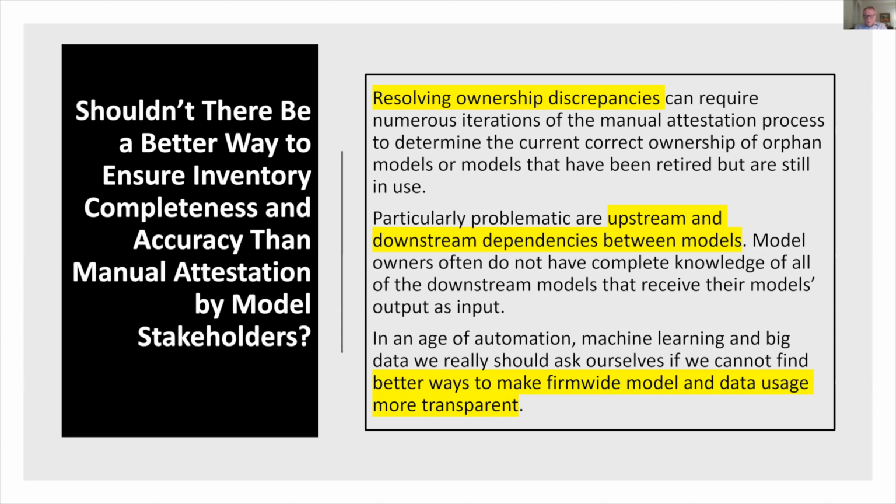The reason they would stop there is because they didn't own that upstream model, and they never typically pursued the question, does that upstream model have additional levels of upstream dependency? And that's why I found typically the upstream maps were often incomplete, because there could be multiple levels of upstream dependency that were not detected by the model owners.